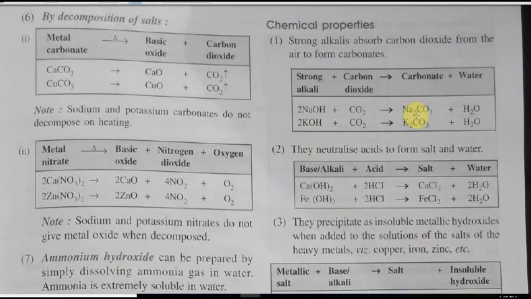Now in many cases this solution or this base or this alkali is used to absorb carbon dioxide from solution. Students can recall from class 8 and 9 in preparation of hydrogen, this alkali was used to extract carbon dioxide which was present as impurity in Bosch process.